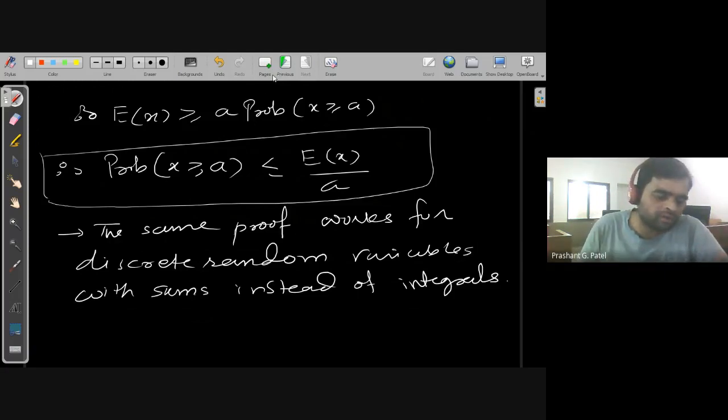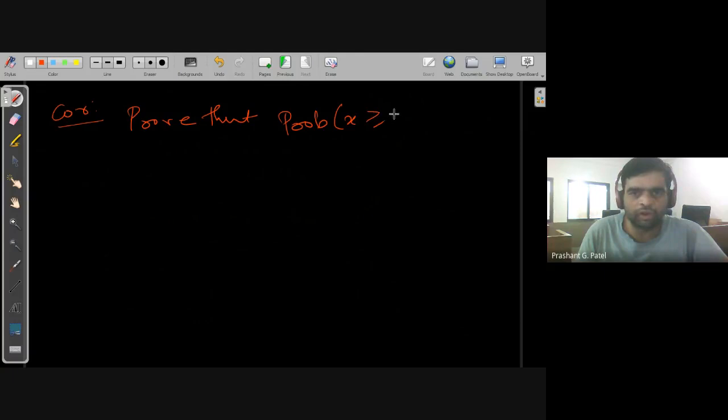Now a corollary of this result. Prove that the probability of x greater than or equal to b into the expected value of x is less than or equal to 1 upon b.